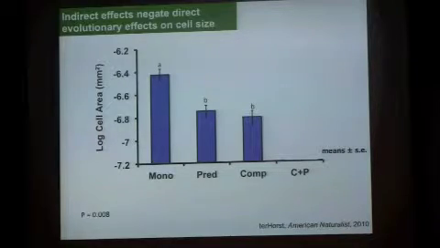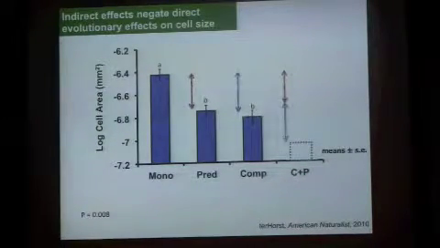So here's actual data. This is cell area again. We see the same thing we saw before, that cells that evolved with predators are smaller, cells that evolved with competitors are smaller. And so what you might expect is that if you add those effect sizes together, you get the evolution of very small cells when both predators and competitors are present.